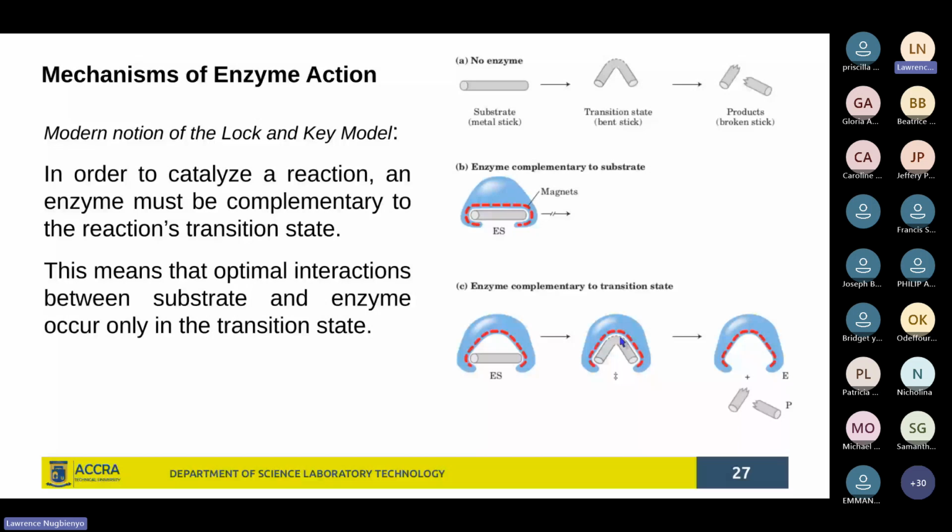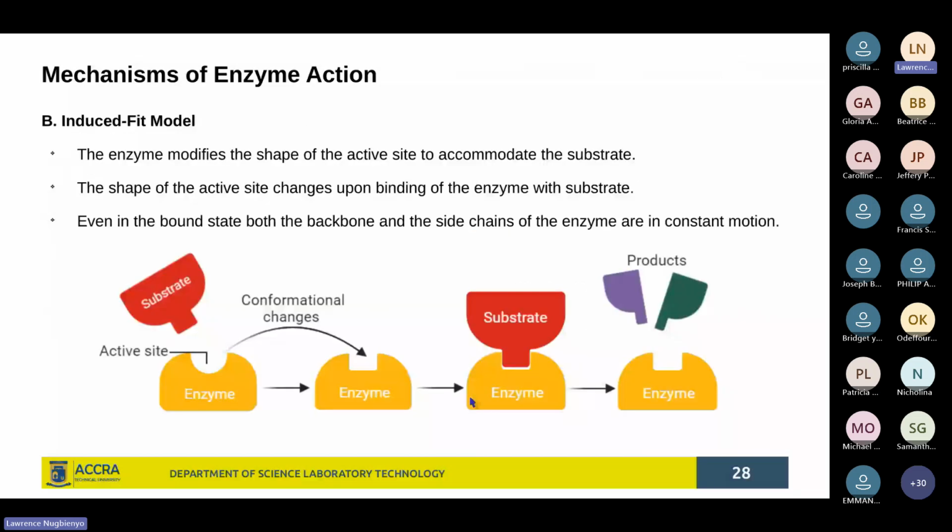Here it is rather the enzyme which is having some changes in conformation. So the conformation of the enzyme is changed so that you now have the active site fitting to the substrate so that it can now catalyze the reaction on the substrate. That is the induced fit model.